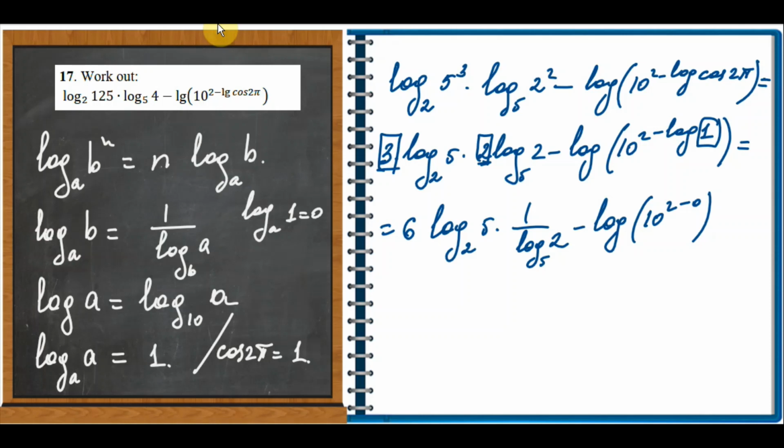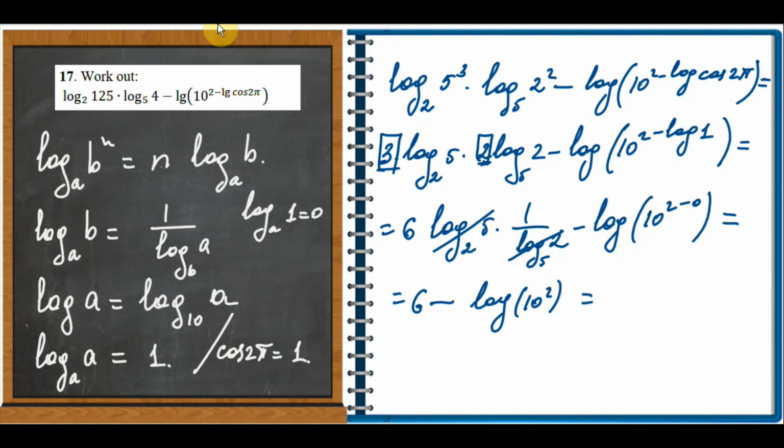Then, we can cancel these numbers here: 6 times 1 is just 6, so we just write minus logarithm 10 squared.